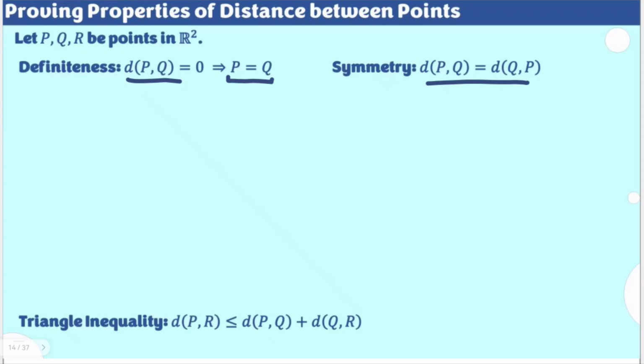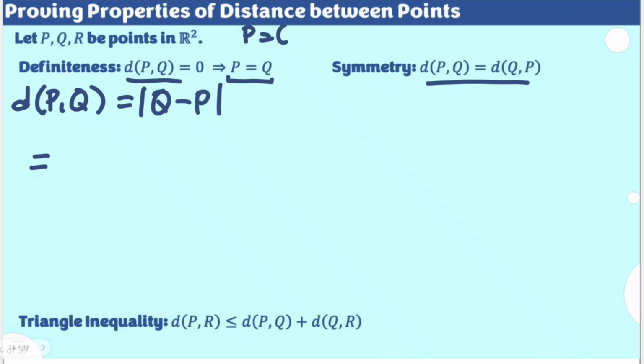If we have the distance between P and Q, take note that the formula for that is the length of Q minus P. When expanded, this will equal whatever the components are. Let's say that P has components P sub 1 and P sub 2, and Q has components Q sub 1 and Q sub 2.